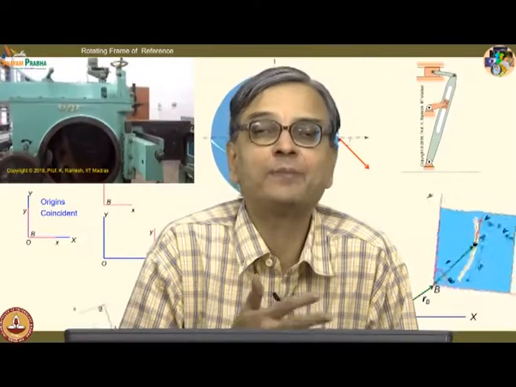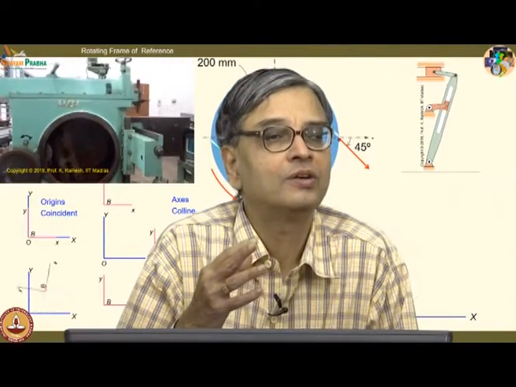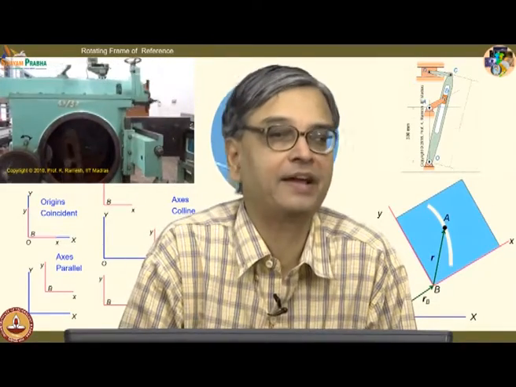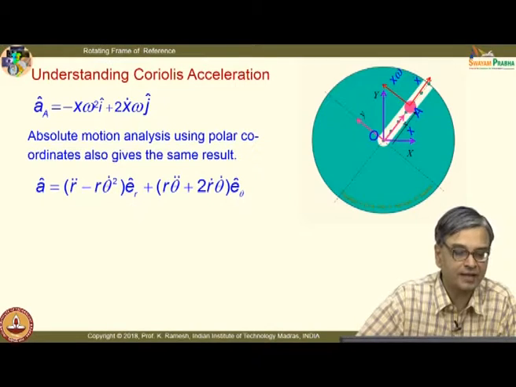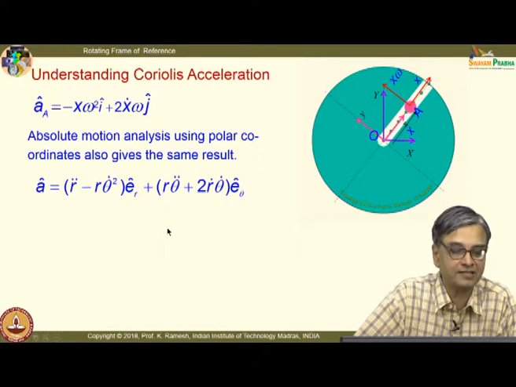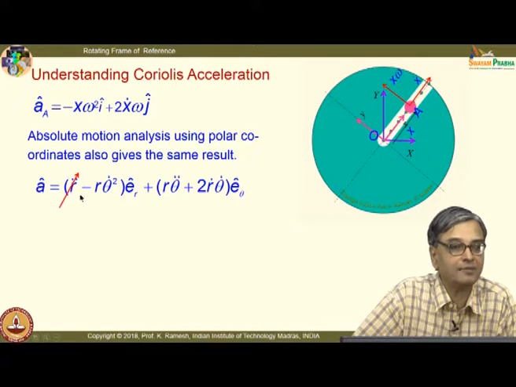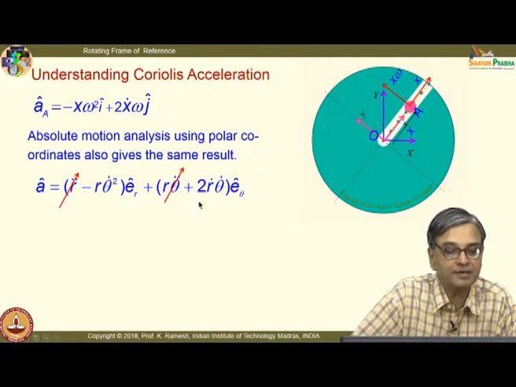The idea of repetition is to firm up the concepts that you have learnt. That is the idea behind it, and healthy repetition is desirable while running the course. From the problem statement, r double dot is 0. From the problem statement, theta double dot is also 0. So, here again I get very similar expressions.